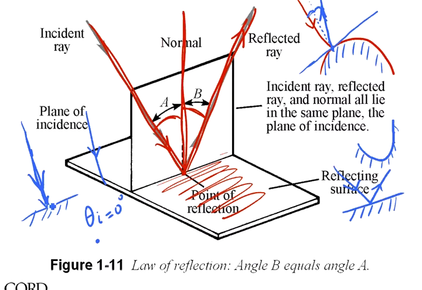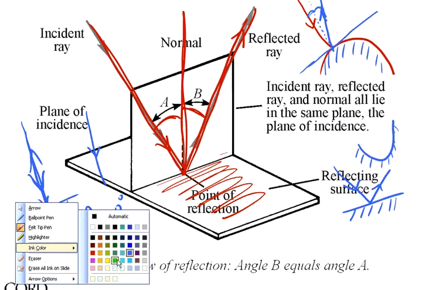If the ray hits the mirror at 0 degrees, which means it's on the same path as the normal, the reflected ray will be straight right back on itself. Okay? So, if the angle of incidence is 0, the angle of reflection is 0, which obeys the law of reflection.